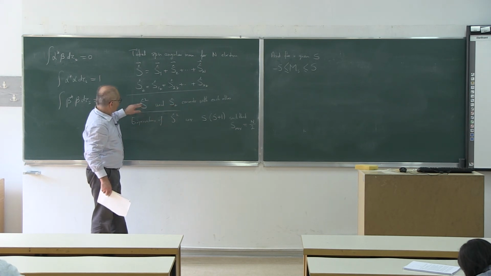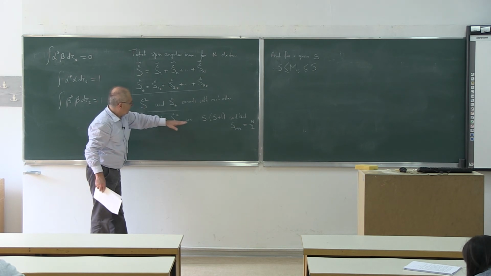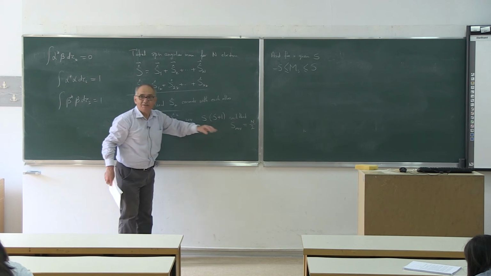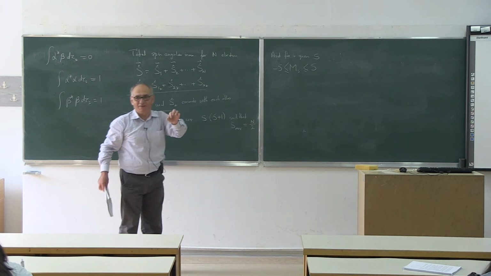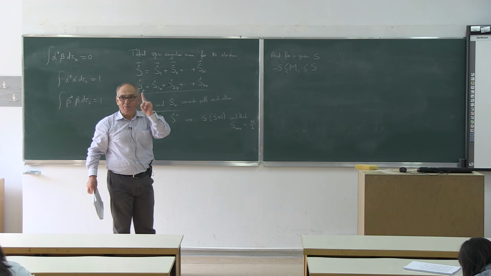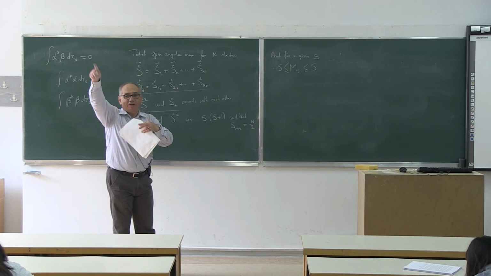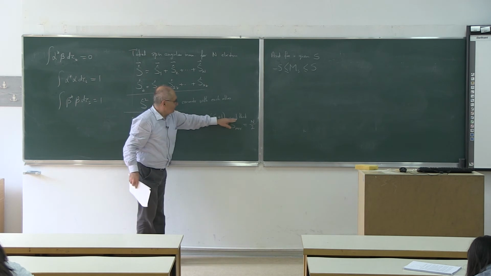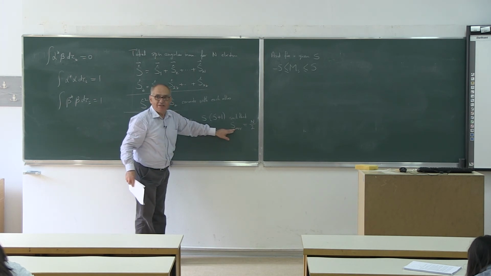And eigenvalues of S square are these numbers. You see, this expression, S times S plus 1, is exactly similar to L times L plus 1. But there is one important difference. What is that? In the case of the L quantum number, there is no upper limit for L. But here, there is an upper limit for the S quantum number.